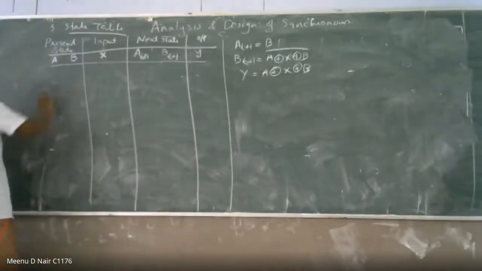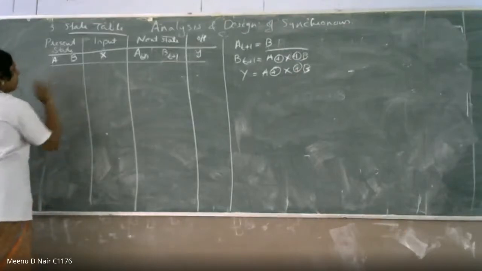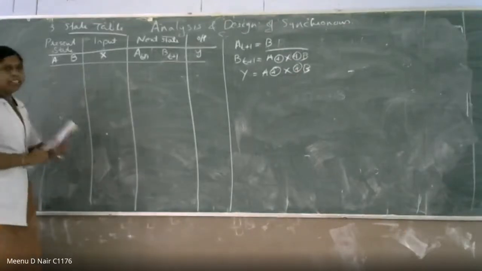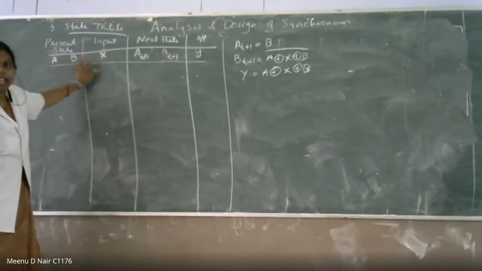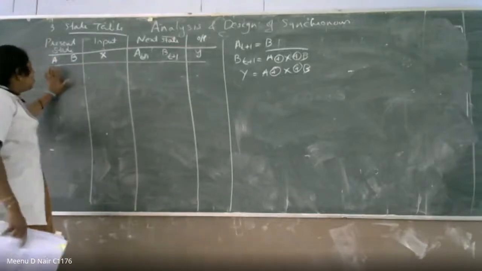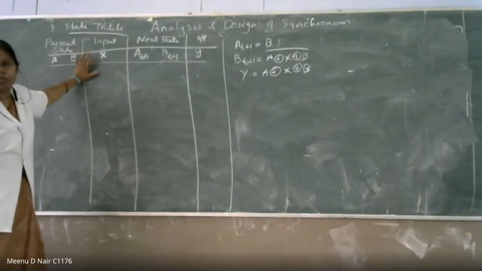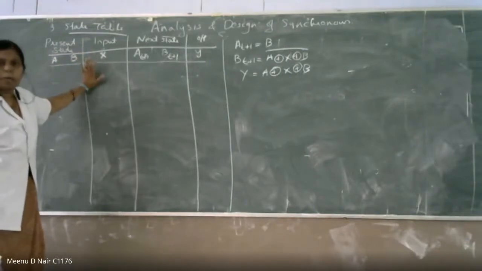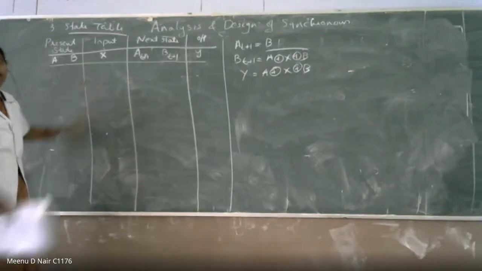Now these are your inputs. You don't bother about all those things. All these things are on the input side only. Present state and X are your inputs only, right? Here there are 3 variables A, B, X, so you have to write all the possible combinations from 0, 0, 0 to 1, 1, 1. That is the only thing you have to do.